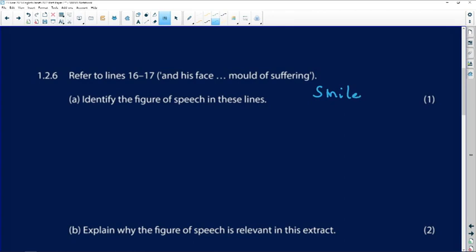But let me tell you that if it is a simile and you write smile instead of simile, you will get naught. Remember, a simile is an I smile. It's a smile with an I. So you must get that correct.